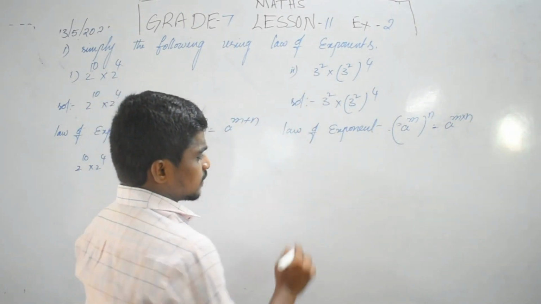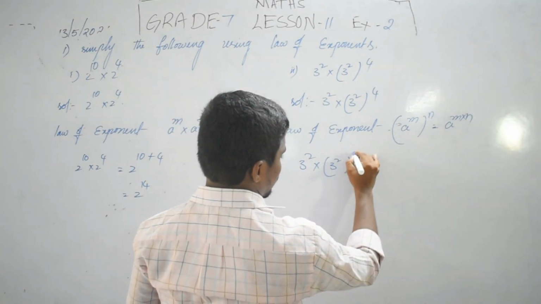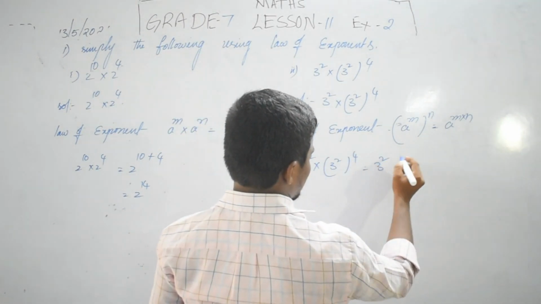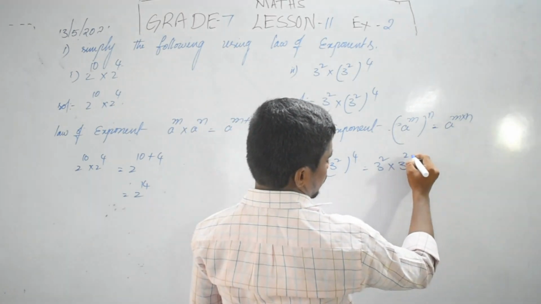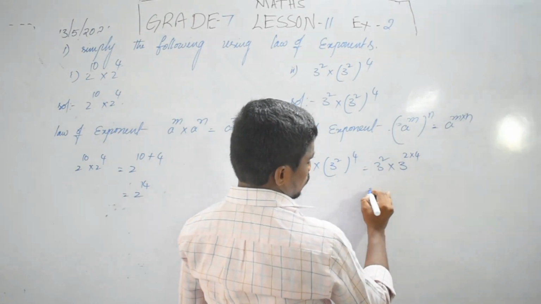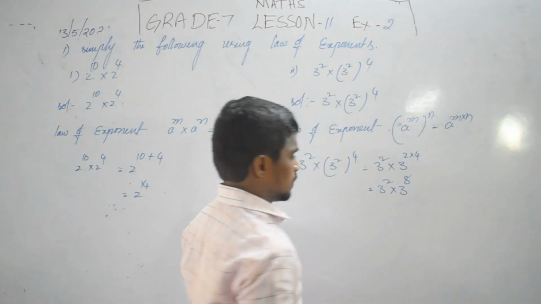Now, 3 square times 3 square whole power 4 equals 3 square times 3 power 2 into 4, which is 3 square times 3 power 8.